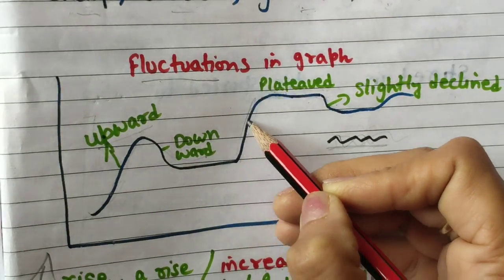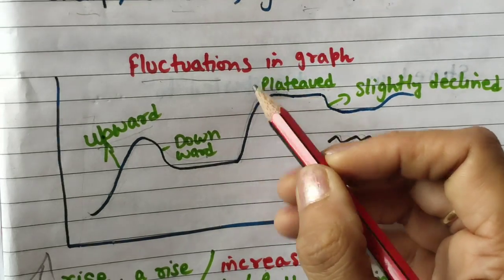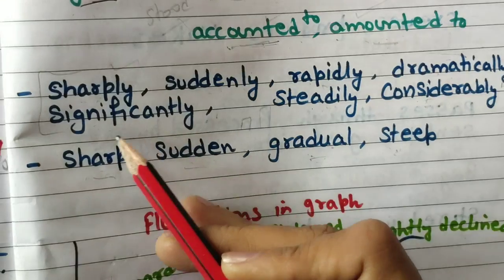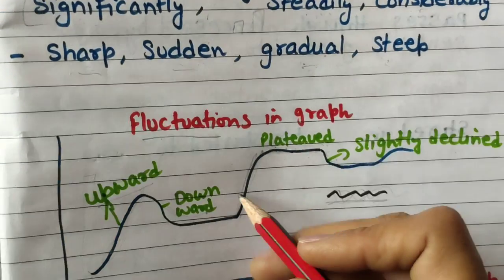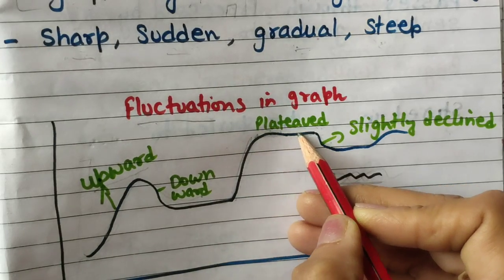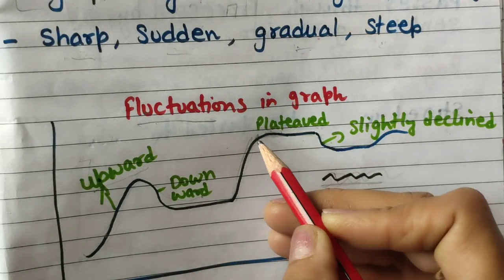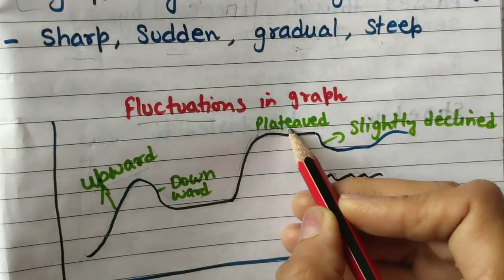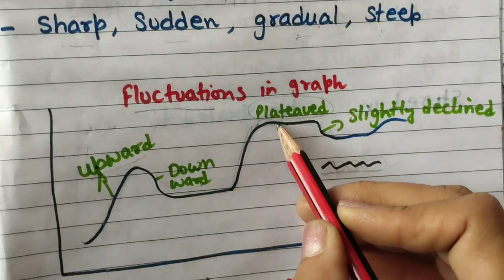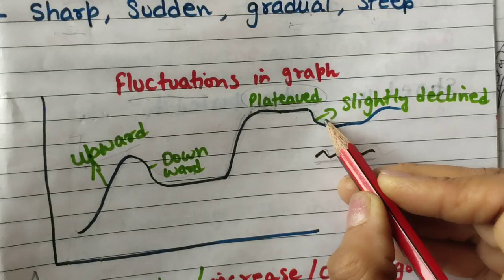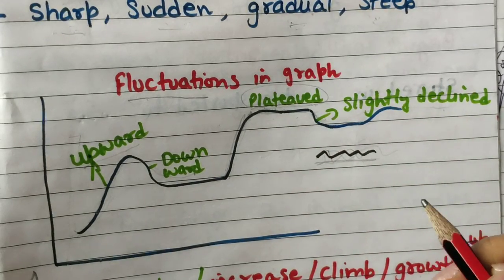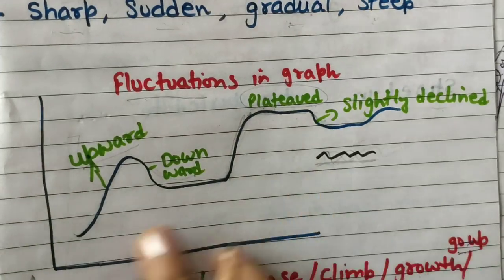And if it is going up all of a sudden, then you can use the word sharply increase in the data. Significantly rise you can use. And if it is stable after reaching the highest point, then you can use the word plateaued. You can use the word stabilized, unchanged data. Slightly, when from here it is coming down, it slightly declined. Just remember these things.